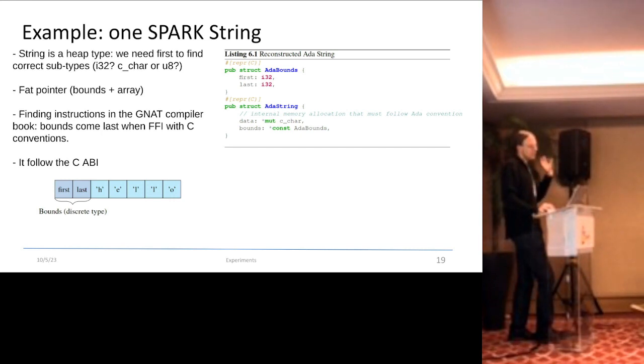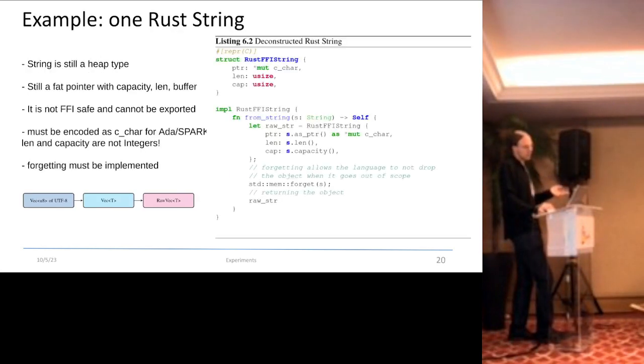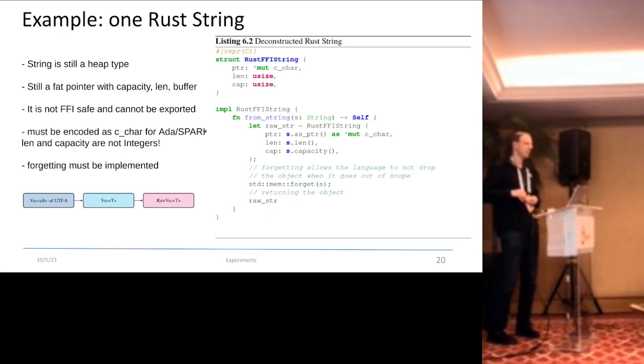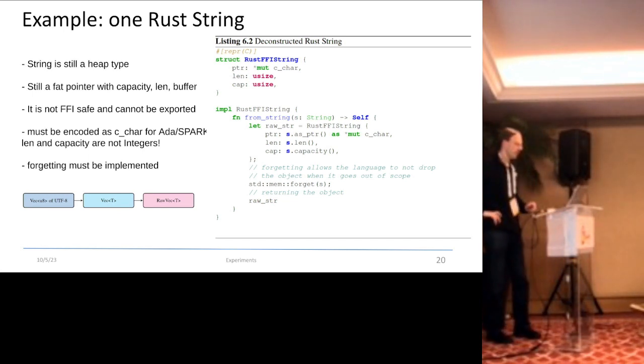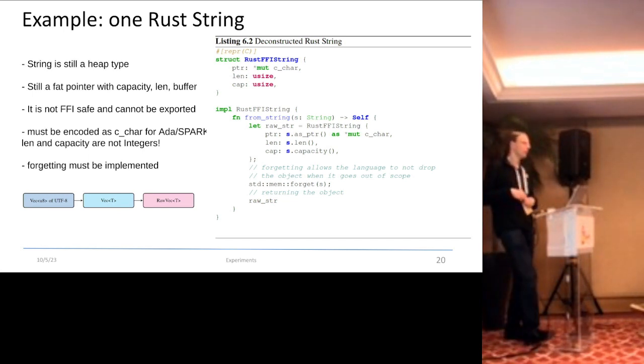So we have the C string wrapped in a data structure that mirrors what's in Ada, or the same in Rust too. So in Rust it's similar, except that we have the bounds encoded a bit differently, but it's the same principle. We have information about the size of the string here by the number of elements, and then the low-level string is again a buffer of C characters.